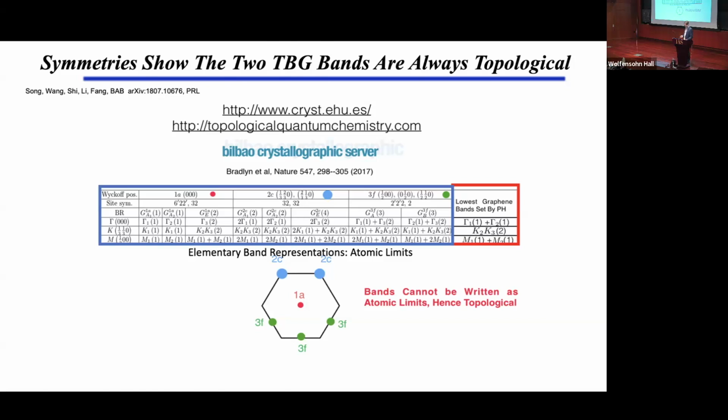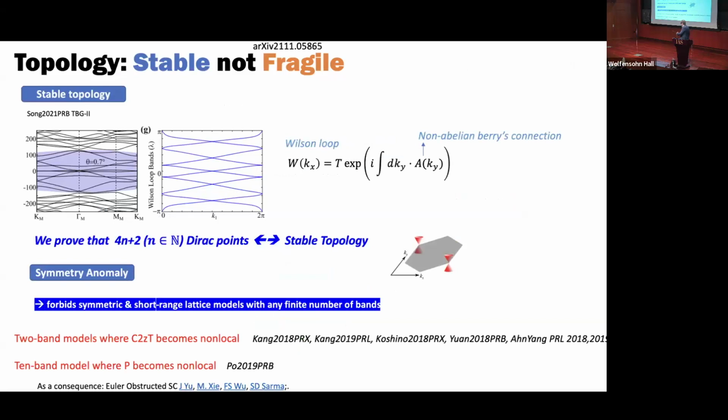So hence they're topological. And you can convince yourself that they're topological by just looking at the Wilson loop. And the Wilson loop is here, taken in the moiré zone, or the Berry phase. I have two bands per valley per spin. But I can take them up to any energy. So this is basically showing you that the Bistritzer-MacDonald model is topological up to any energy.